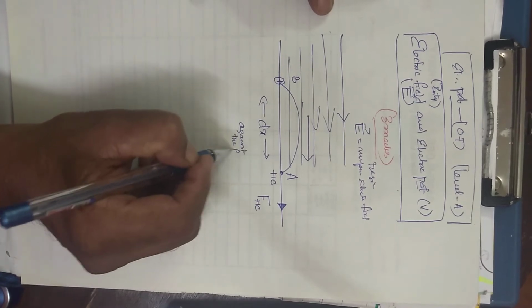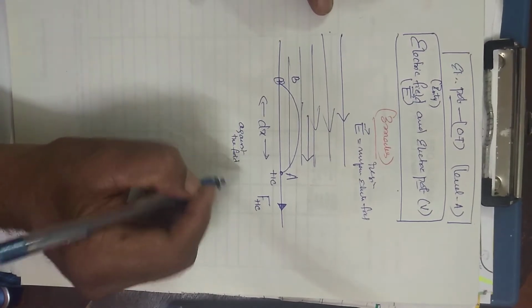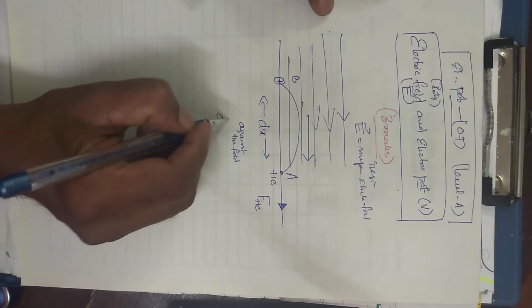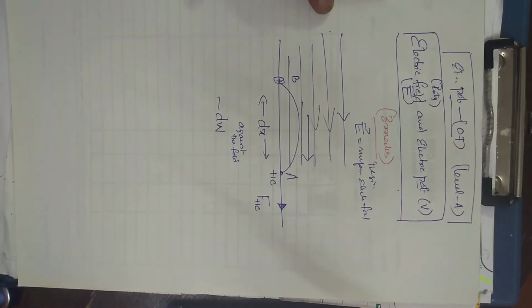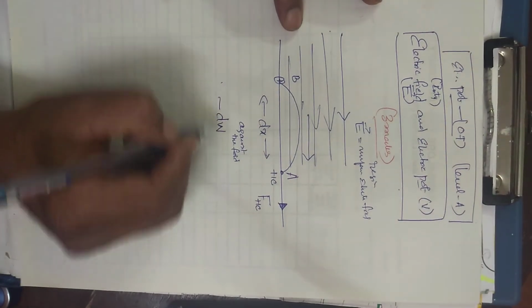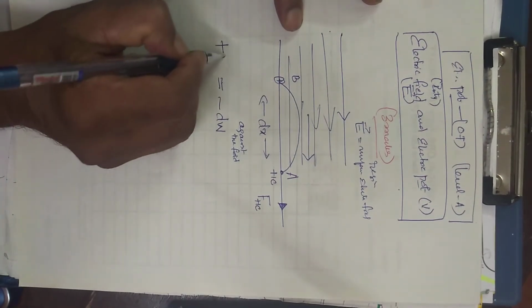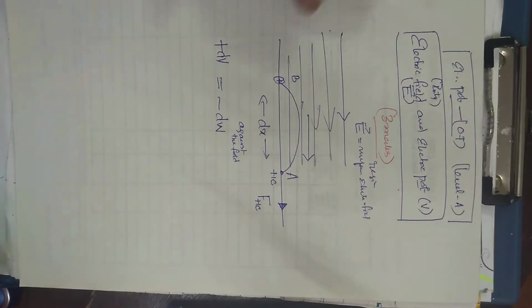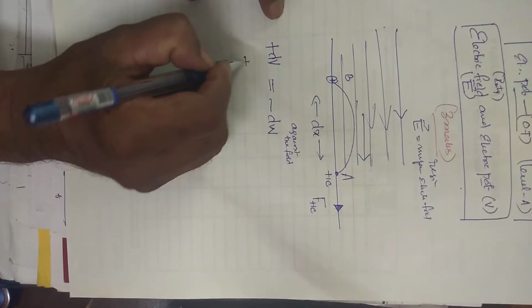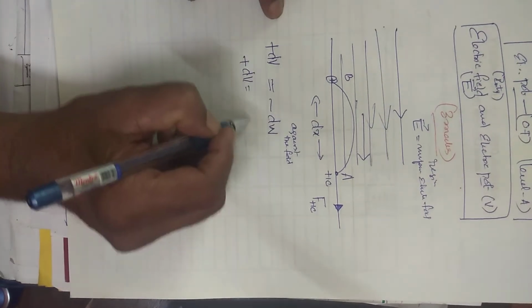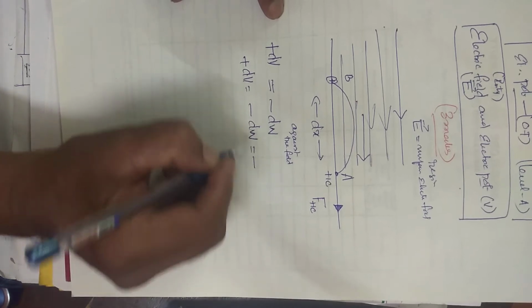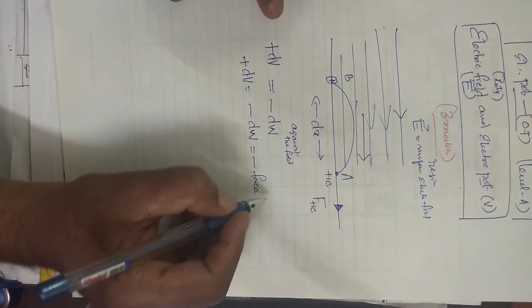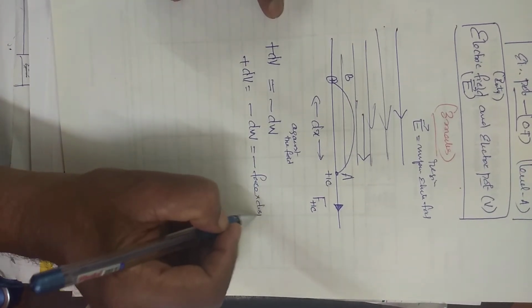Therefore, I am doing a small amount of work against the field direction, which means a rise in potential energy. The rise in potential energy is equal to the small amount of work done against the field direction, and work done is equal to force into displacement.